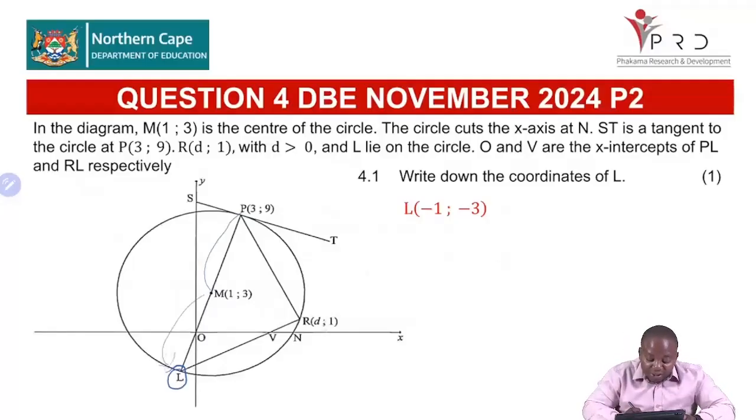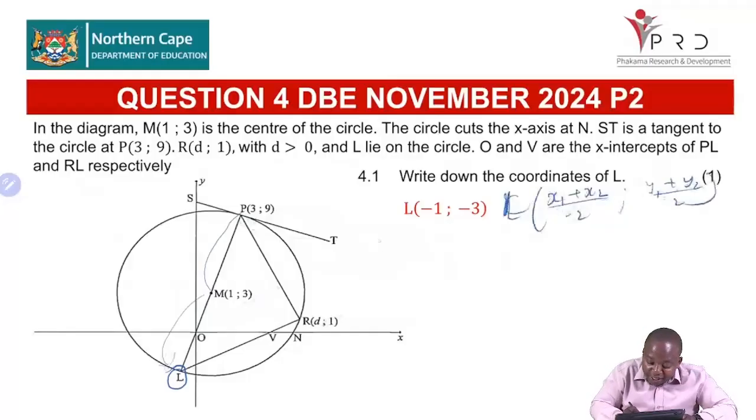The midpoint is (x1 plus x2 over 2; y1 plus y2 over 2). I'm going to find the x coordinate first. The midpoint of PL in this case is M.